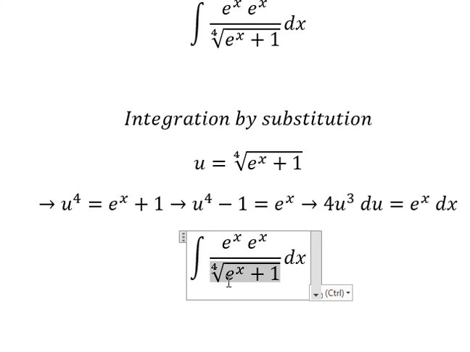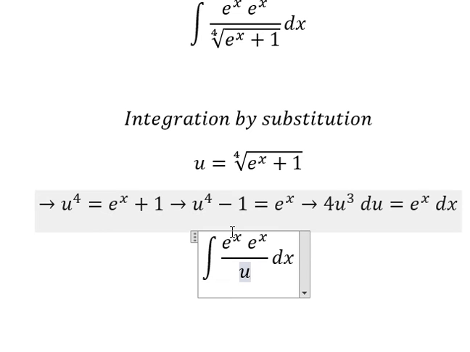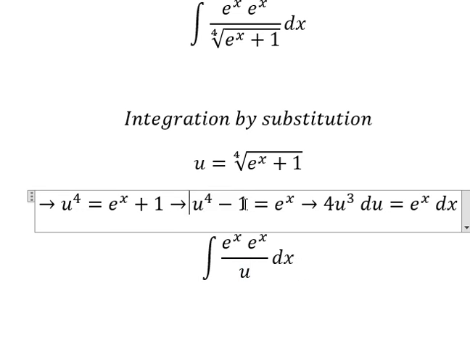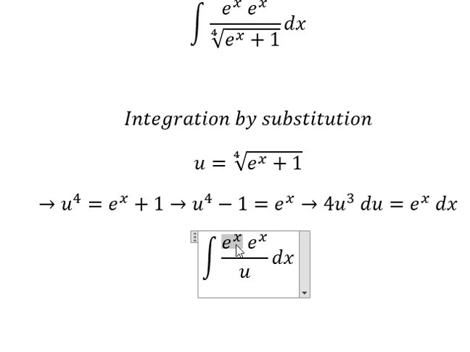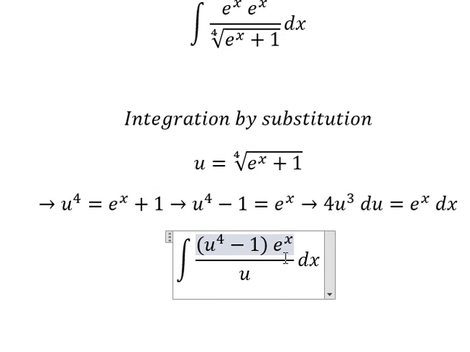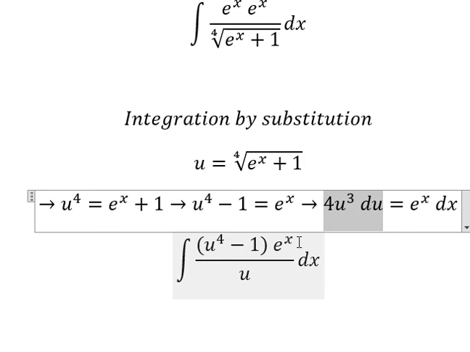So this one we change by u. E to the power of s we change by this one. E to the power of s ds we change by this one.